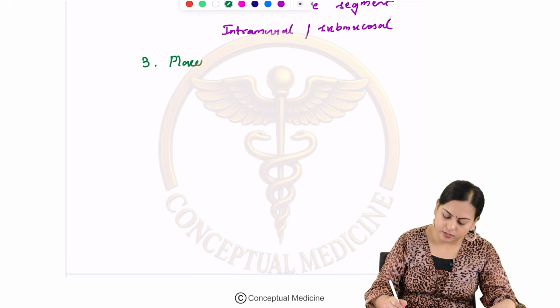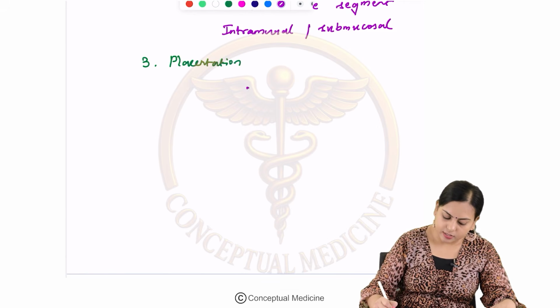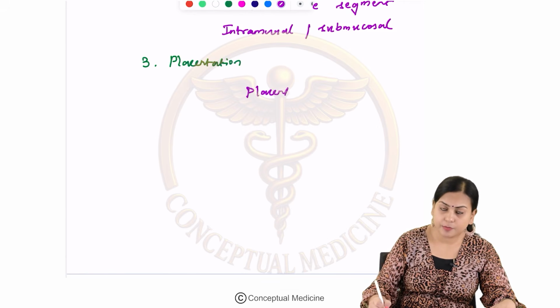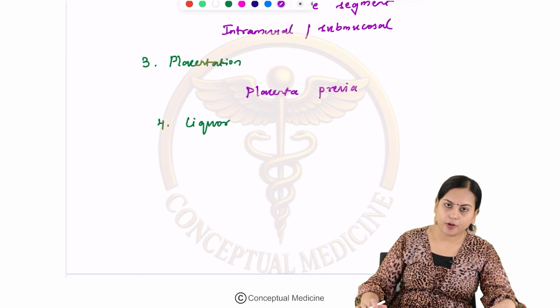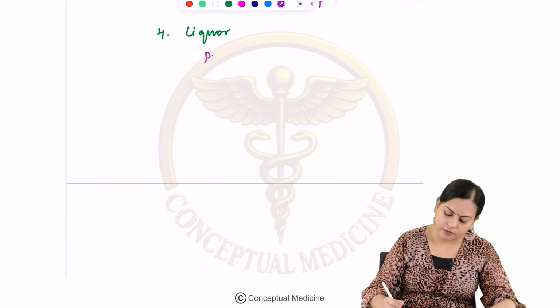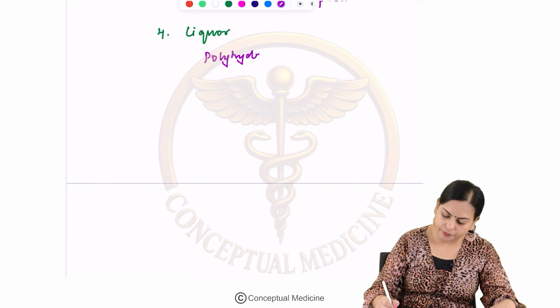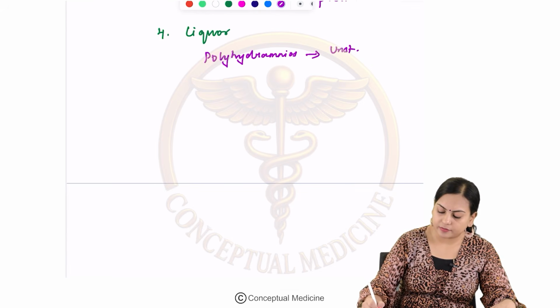The other etiology can be about the placentation, if there is placenta previa. Both oligohydramnios and polyhydramnios are going to cause trouble. With polyhydramnios, there is an unstable lie.